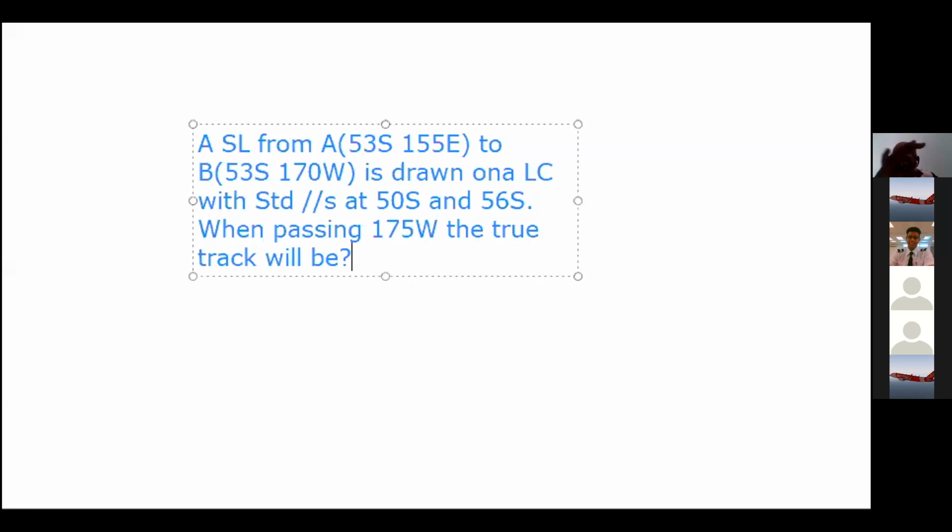So 90 plus 12, 102, and you finish at 078. Since we're trying to find out what is at 175 west, we'll just take 175 instead of 170 west. 170 not required. The 170 is just to confuse you.